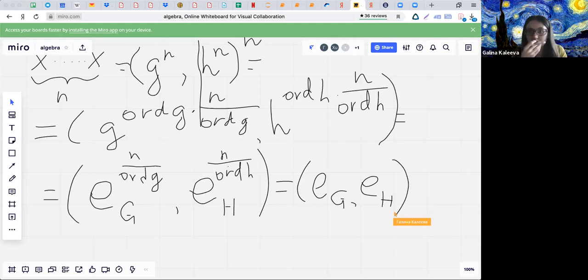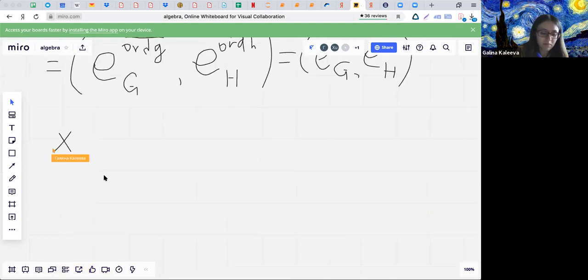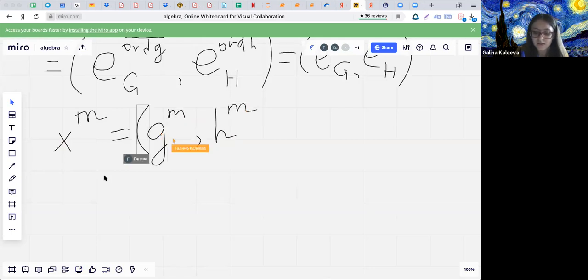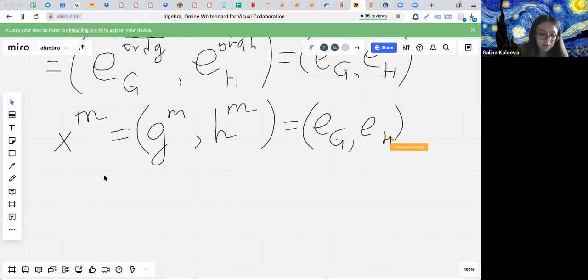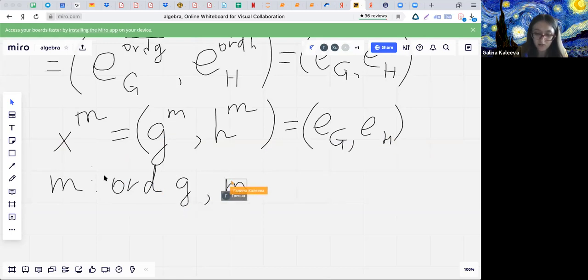And knowing that x to some power, say m, equals g to the mth power, h to the mth power, knowing that this is the neutral element, we can also imply that m is divisible by the order of g, and m is divisible by the order of h. Is it clear?